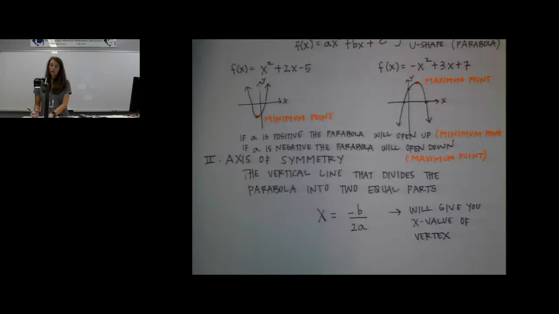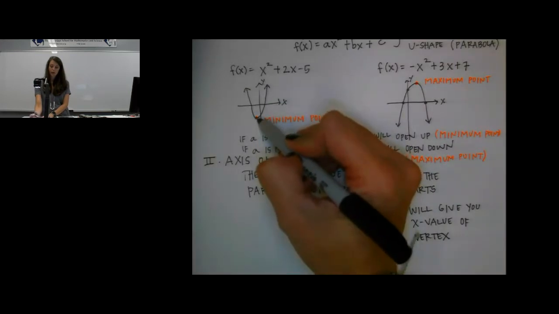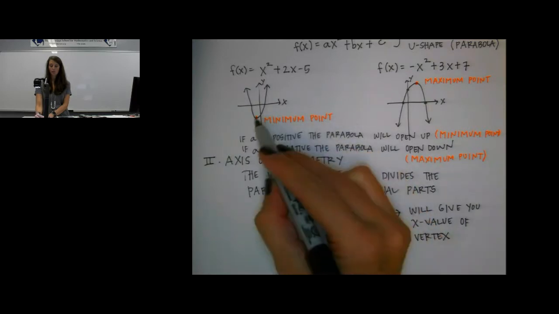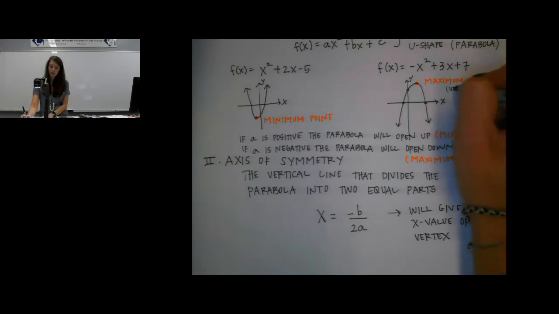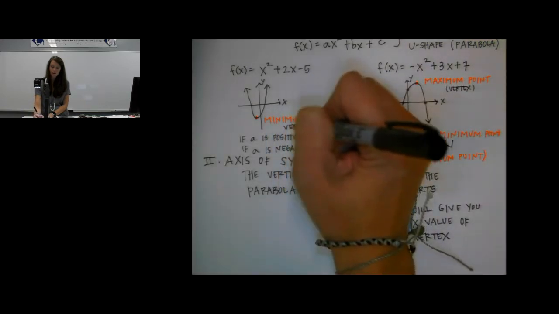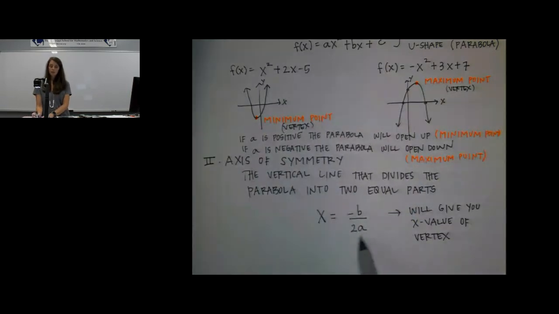Okay, so remember, let's go back up here. Right here, I told you that we had a minimum point and we had a maximum point. So that minimum point is called your vertex. That maximum point is also called your vertex. So this is your vertex, and your vertex is going to have an x value and it's going to have a y value. So if I ask you for the axis of symmetry, I'm just looking for this part right here.